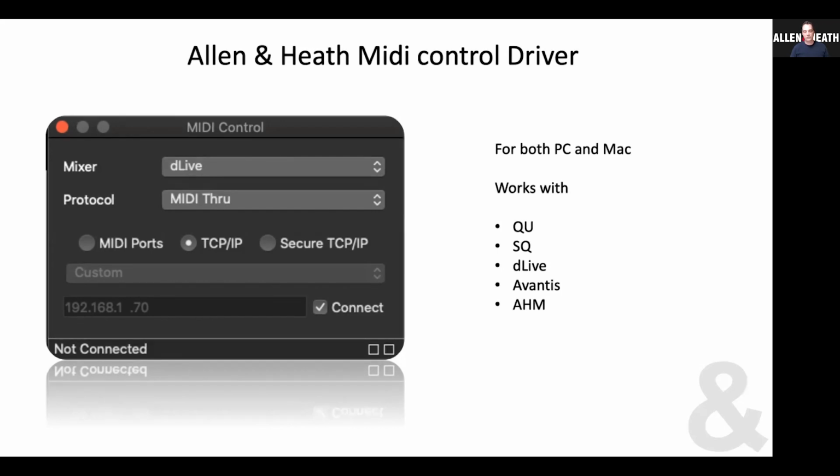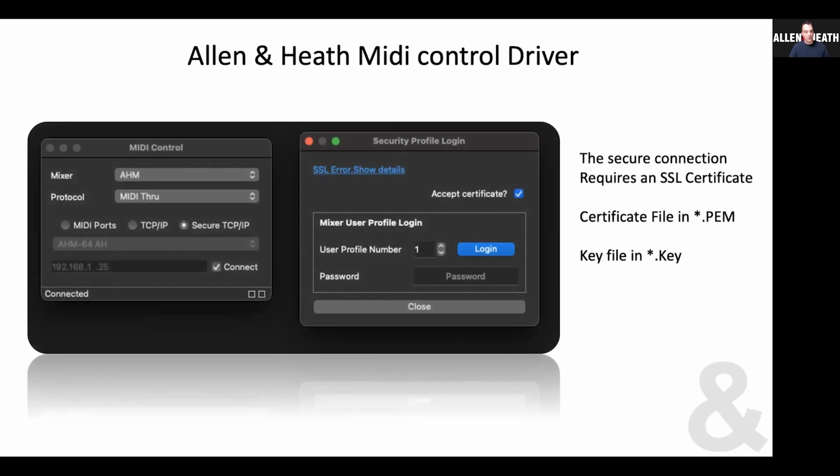The driver works with Q, SQ, Avantis, D-Live, and AHM. There's a choice to make a connection over USB, which, as was said before, is only available for SQ and Q, the TCP/IP connection, or the secure TCP connection. For the secure connection you need to create an SSL certificate, which you can create on external websites.